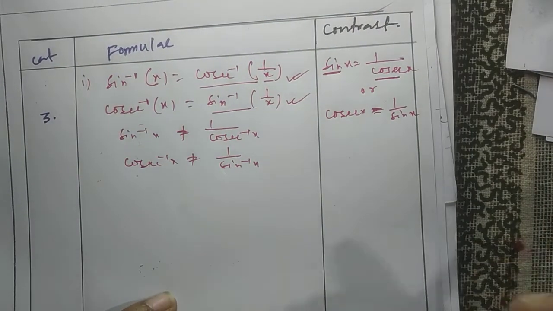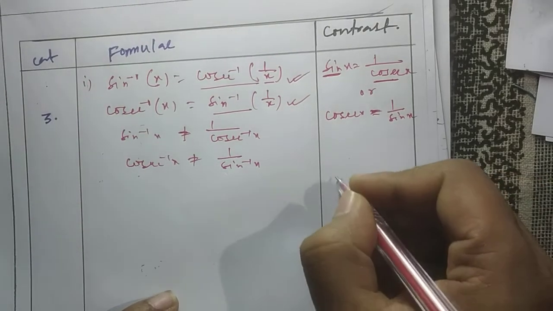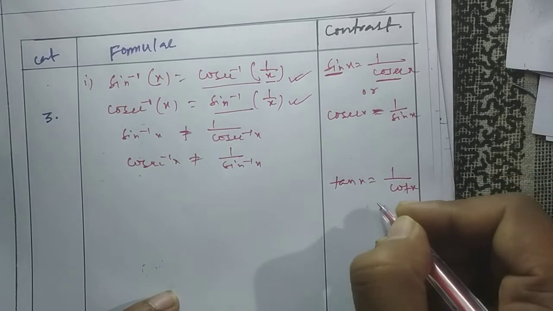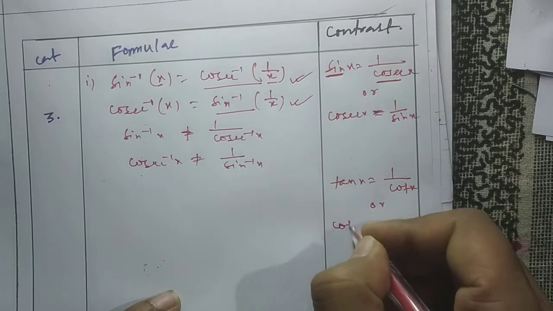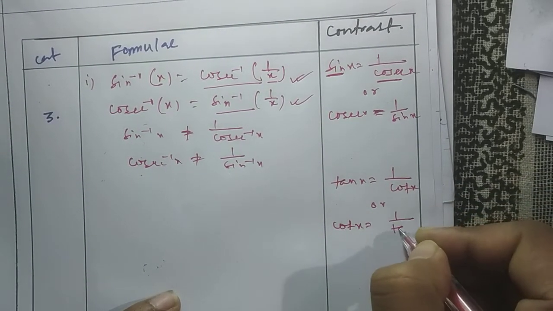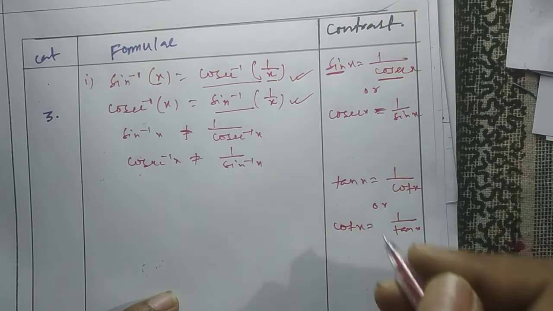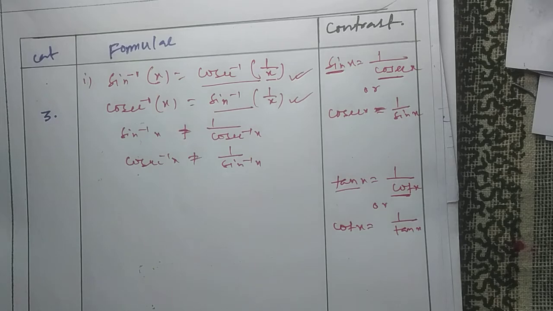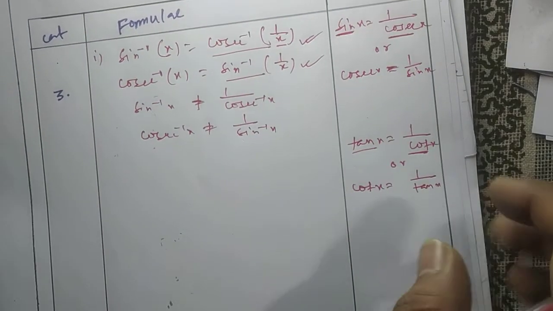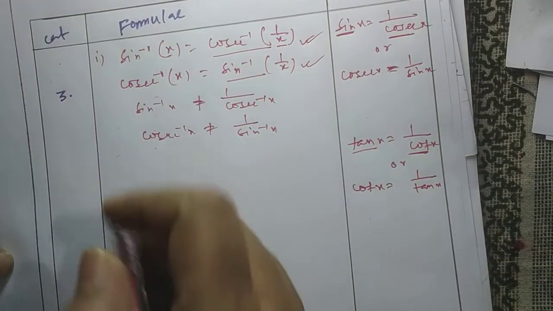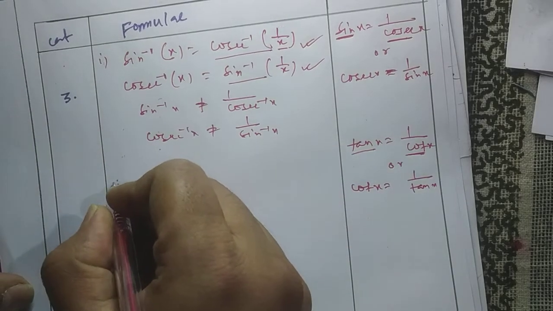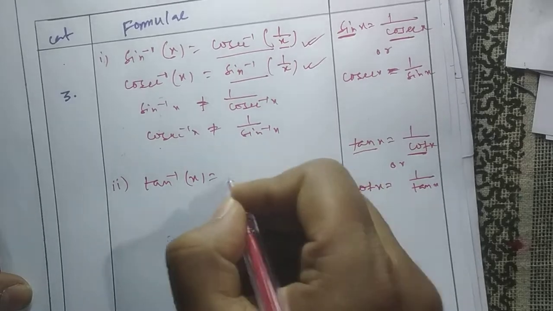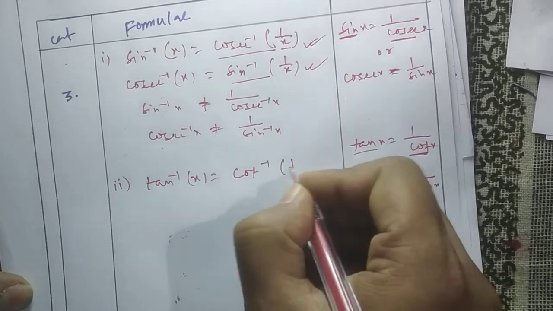Similarly, in class 10 we had tan x equal to 1 by cot x, or cot x equal to 1 by tan x, because tan and cot were both reciprocals. Similarly, let's see what will happen in the case of their corresponding inverses. Here tan inverse x can be written as cot inverse of 1 by x.